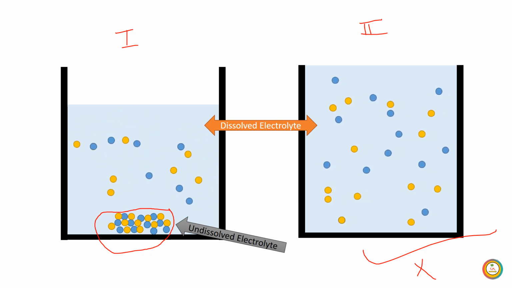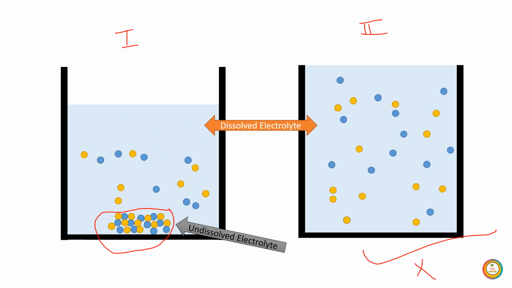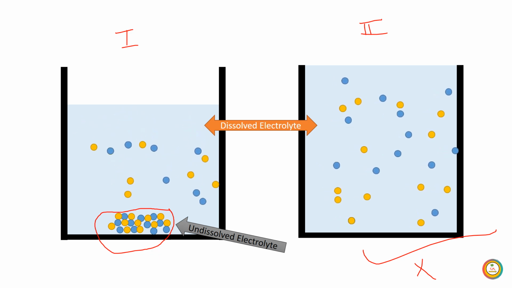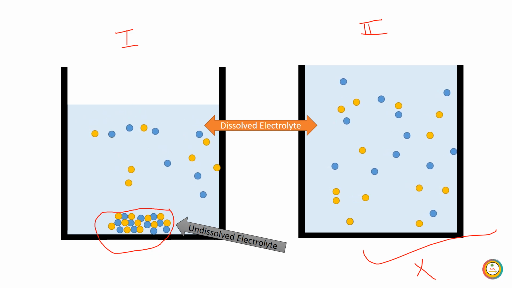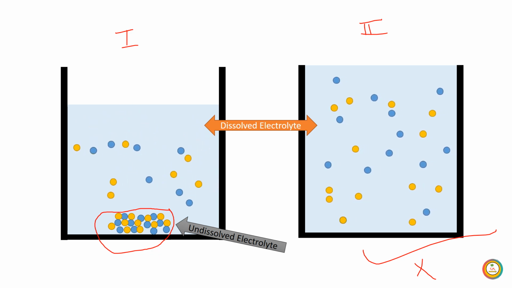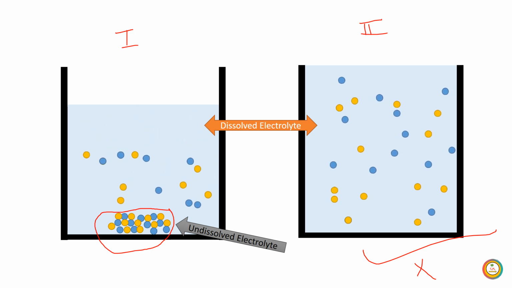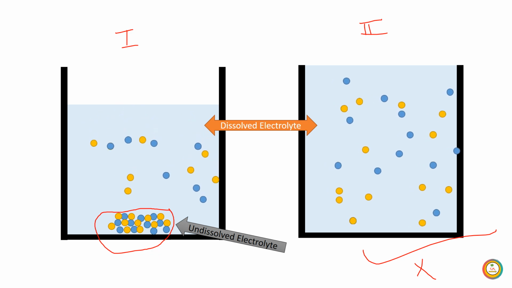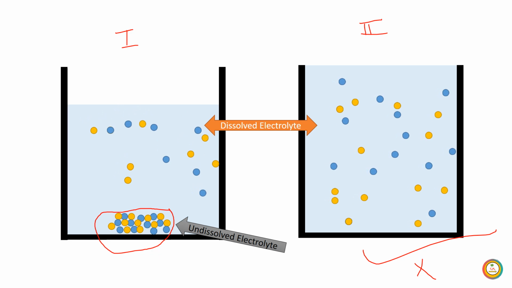Because there is no undissolved electrolyte present. The whole electrolyte is present in dissociated form. So it does not matter how much water you add. You add water n times, there is no change in molar conductivity because there is no change in the ions. So in this case, every ion is free.